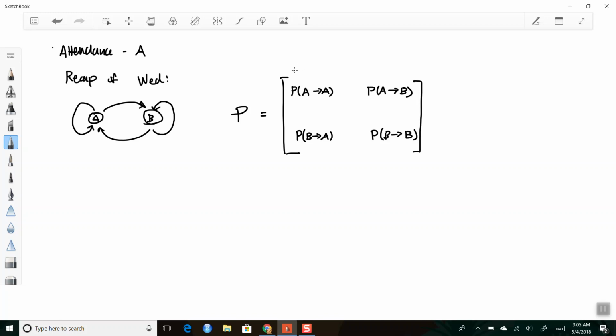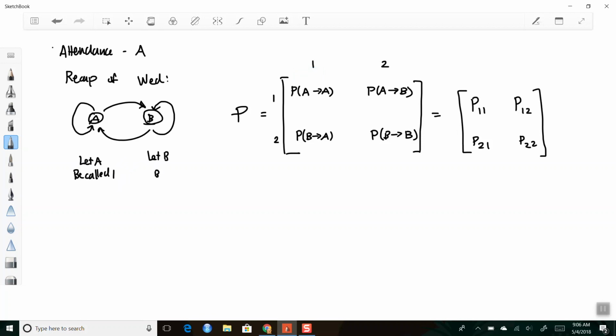We could say, instead of states A and B, we could call these 1 and 2, and 1 and 2. We might also rewrite this as probability 1,1, probability 1,2, probability 2,1, and probability 2,2, to indicate that A is called state 1 and B is called 2.